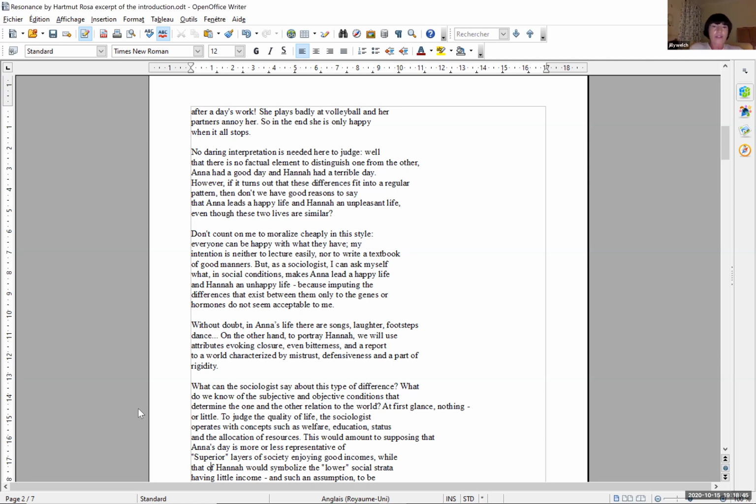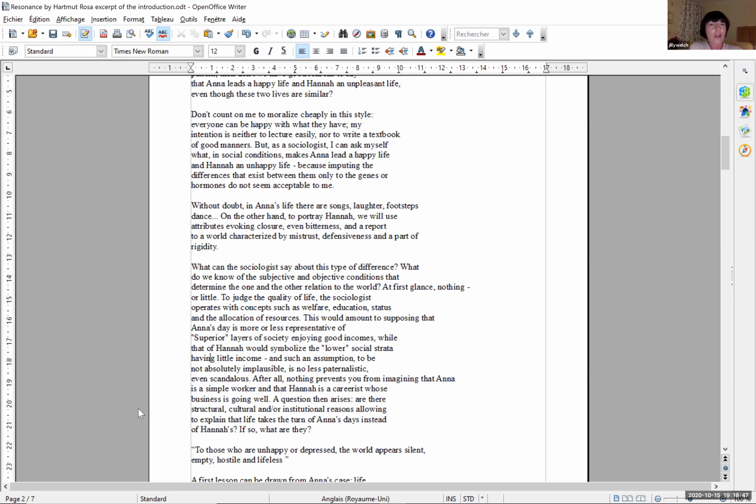What can the sociologists say about this type of difference? What do we know of the subjective and objective conditions that determine the one and the other relation to the world? At first glance, nothing or little. To judge the quality of life, the sociologist operates with concepts such as welfare, education, status, and the allocation of resources.